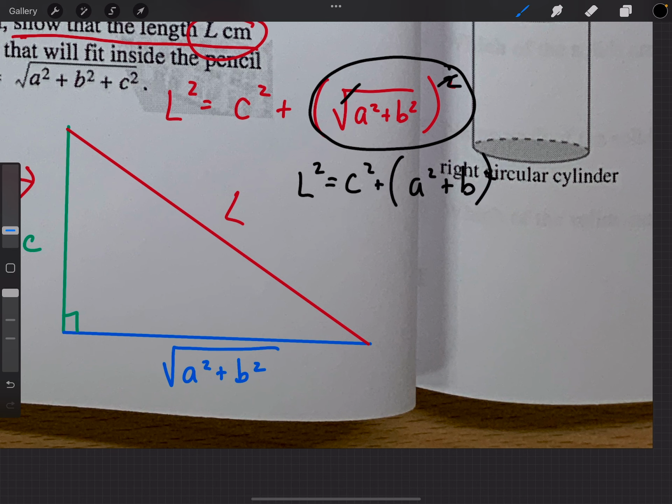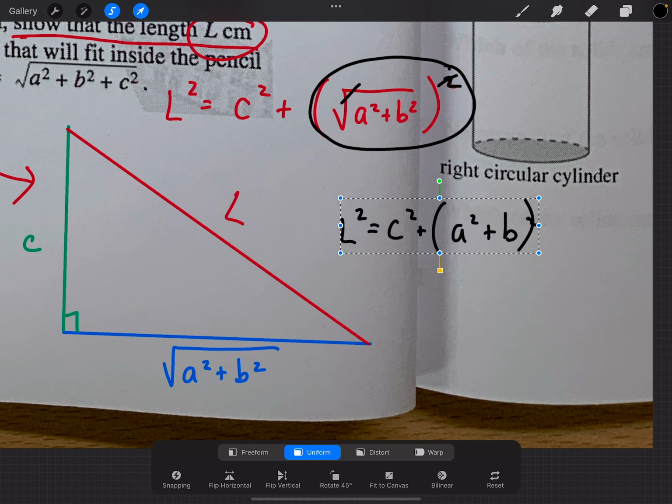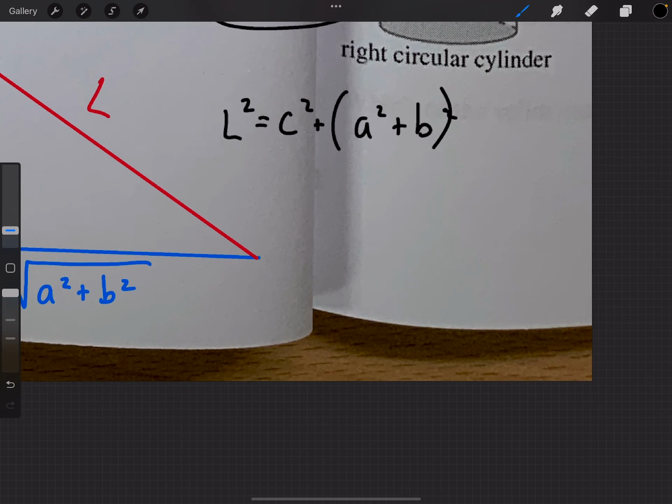I don't know if you can see that clearly. There you go. There's nothing in front of that, so we can just remove the brackets, and you have L squared is equal to C squared plus A squared plus B squared. Let's rearrange it. L squared is equal to A squared plus B squared plus C squared.